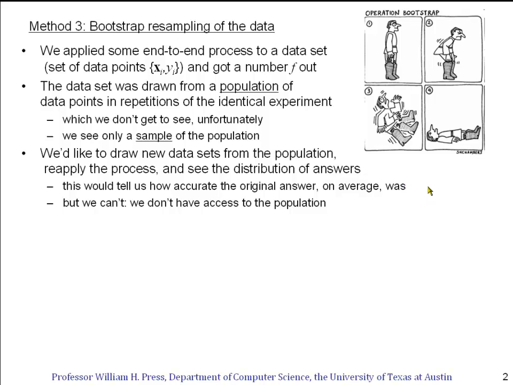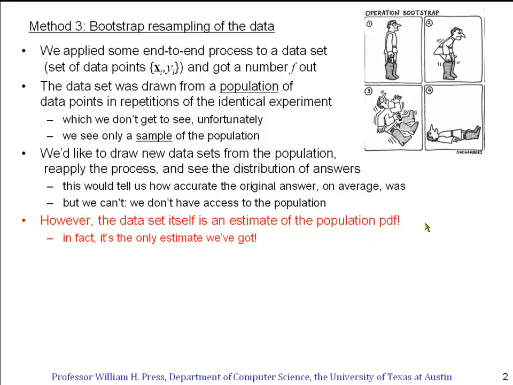So this would tell us something about how accurate our original answer on average should be expected to be. But we can't do this. We don't have access to the frequentists' population of imagined repetitions of the experiment.